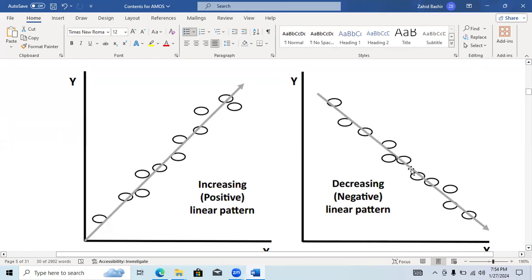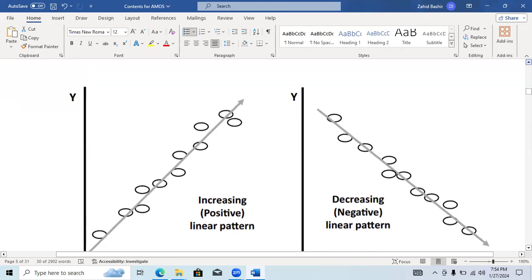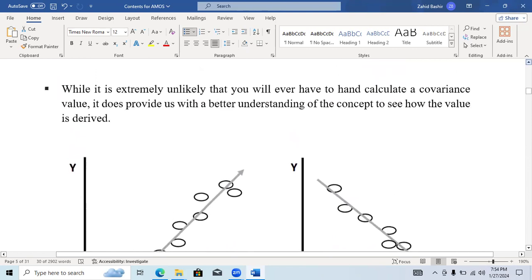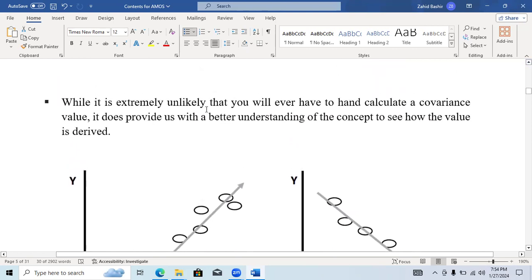And if the relationship is negative, it will indicate this linear pattern of decreasing or negative direction. So what was the last thing here? While it is extremely unlikely that you will ever have to hand calculate a covariance value, it does provide us with a better understanding of the concept to see how the value is derived.